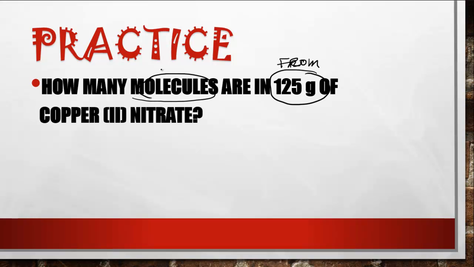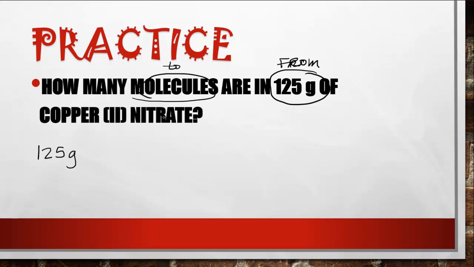This is what I am changing to. So we're still going to start it the same way, always looking for a from and a to. So my from is 125 grams of copper 2 nitrate. Now, since I'm using grams, I know on bottom I'm going to need a molar mass. So molar mass of copper 2 nitrate.